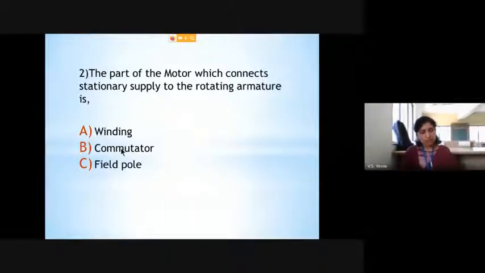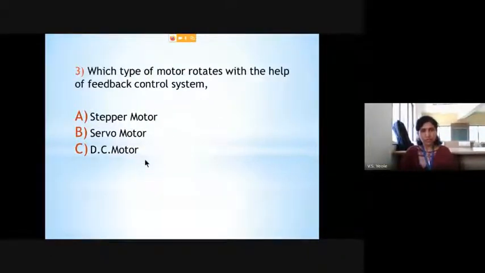Put the answer in the chat box. Okay, commutator, right. So the commutator connects the stationary supply to the rotating armature. That is the main function of the commutator in a DC motor.